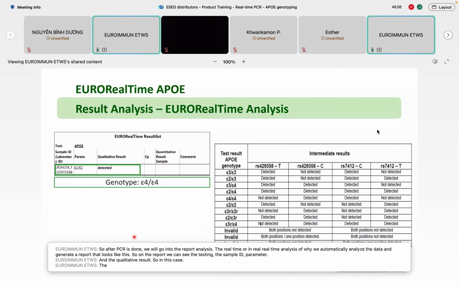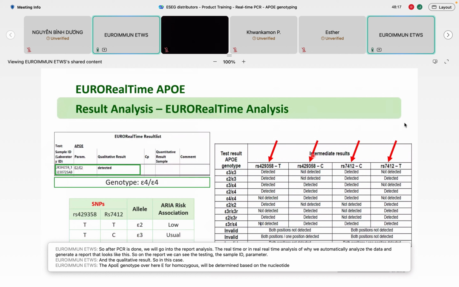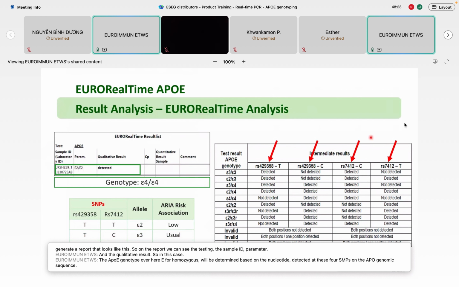the APOE genotype over here, E4 homozygous, is determined based on the nucleotide detected at these 4 SNPs on the APOE genomic sequence. This might sound a bit confusing for people without a biology background.